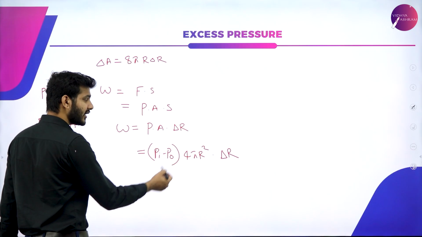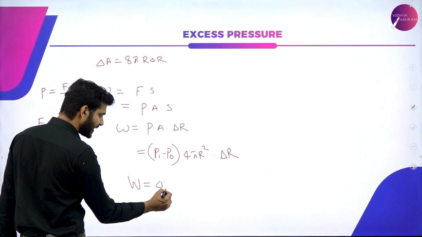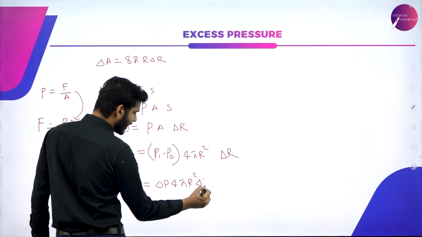And since Pi − Po is nothing but ΔP, we can say that W is equal to ΔP · 4πr²Δr.